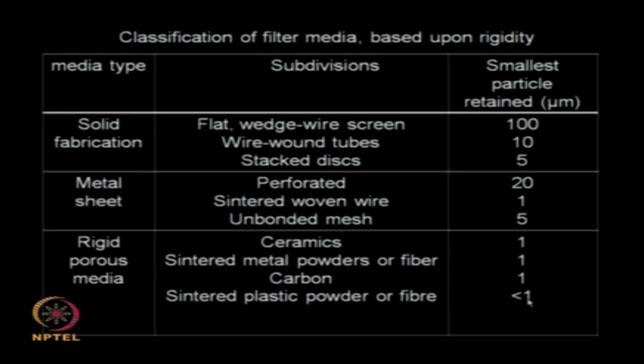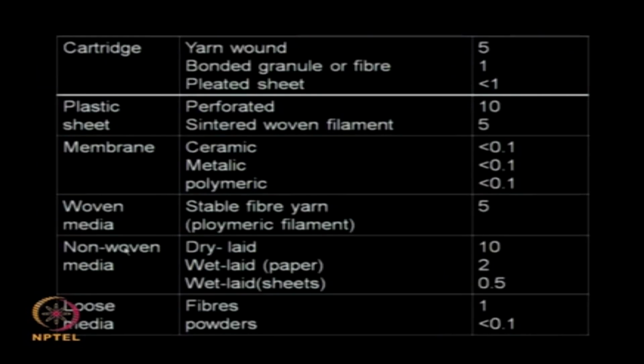You can see that very small particle less than a micron going right up to hundreds of microns. Ceramics, sintered metals, powders, carbons and so on. We can have wires, mesh material, and then we can also have discs. Okay. So we have solid materials, metal sheets or rigid porous material.